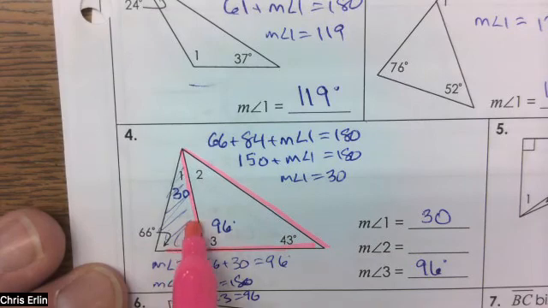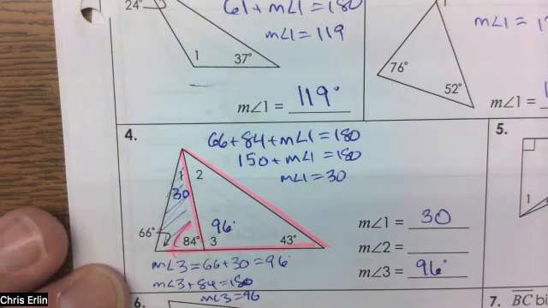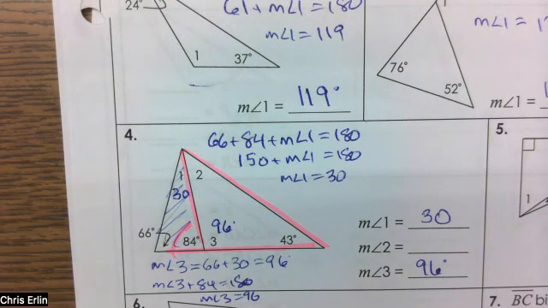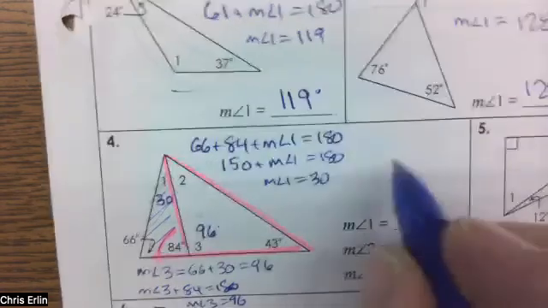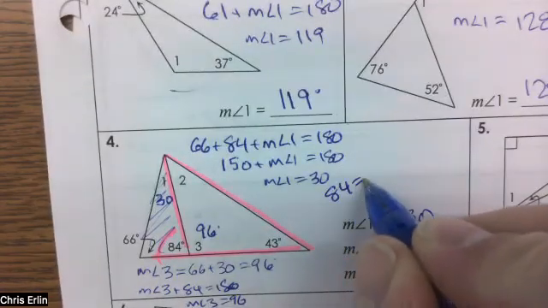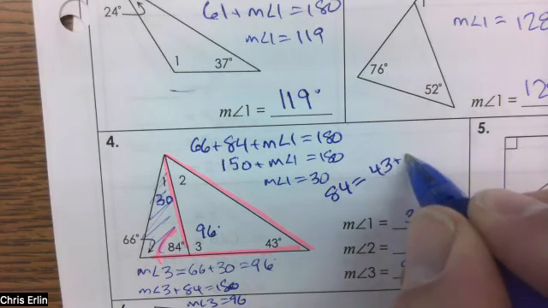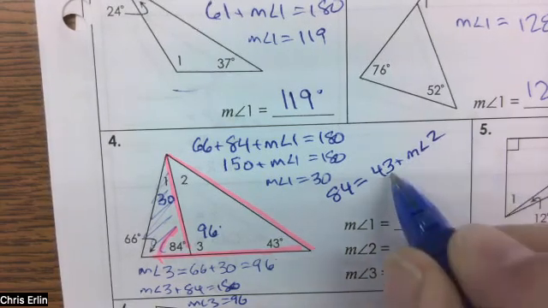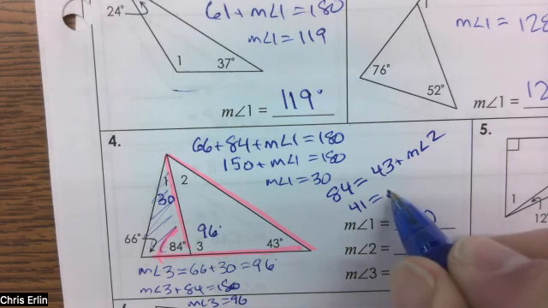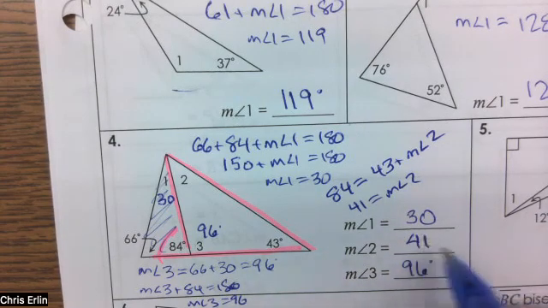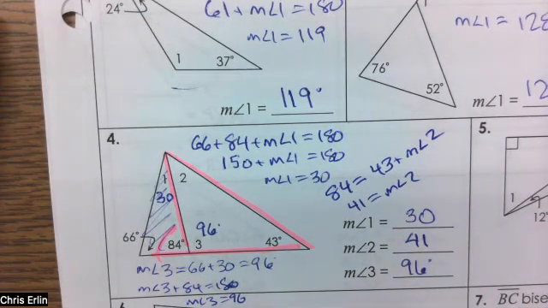But isn't this the exterior angle we were just talking about? So 43 plus 2. Right. So 84 is equal to 43 plus the measure of angle 2. If I subtract this, I'm going to get 41 is equal to the measure of angle 2. And again, all of those different ways should yield that same result.